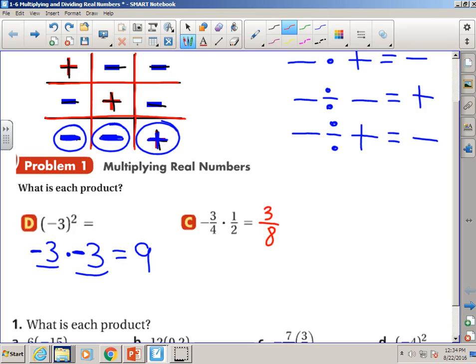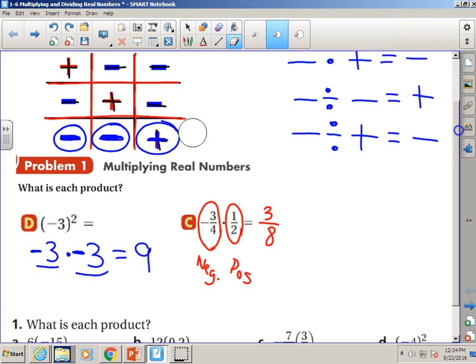Now we just have to worry about the sign. Well, 3/4, what sign is that? 1/2, what sign is that? Sorry, I made a mistake right here. Backtrack. 3/4 is a negative. 1/2 is a positive. So again, if you go back to your tic-tac-toe, let me erase this from here.